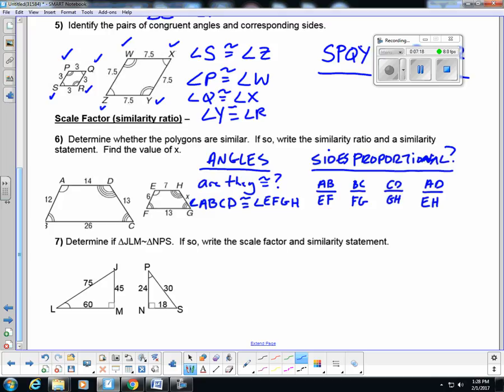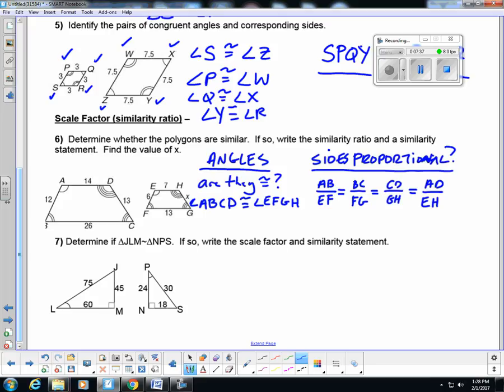So I've matched up the corresponding sides and created ratios with the corresponding sides.